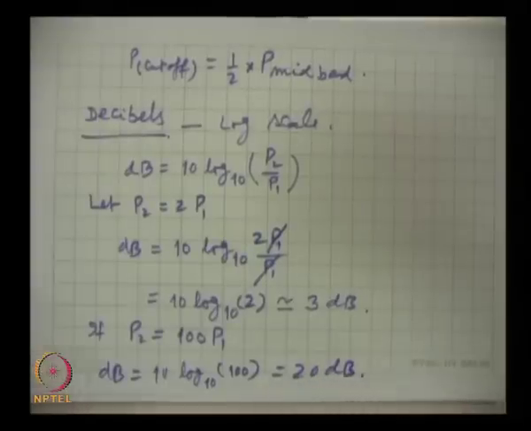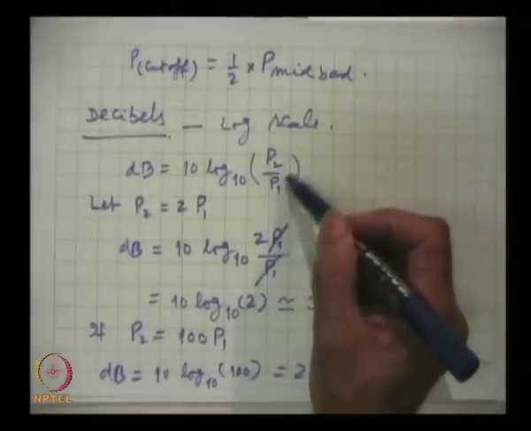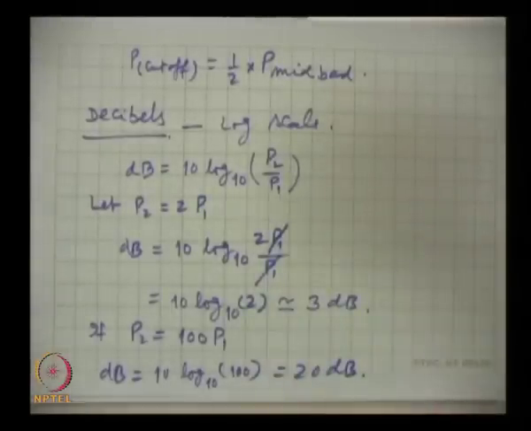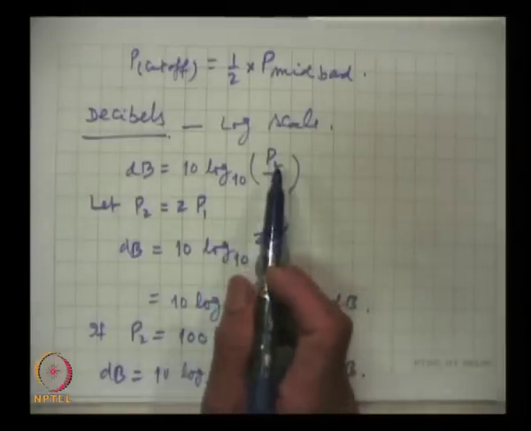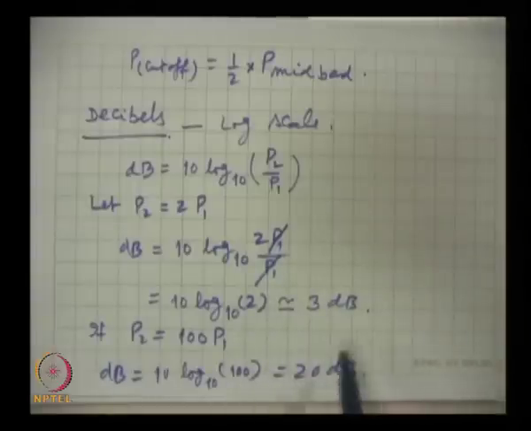So, the amplifier has a gain of 20 dB, and when this ratio comes positive, if P2 is higher than P1, then it will be positive, and as we are seeing 10 dB, 12 dB, 50 dB or 20 dB, we can talk in terms of dB for any powers.